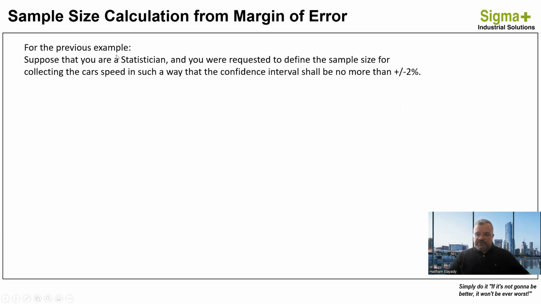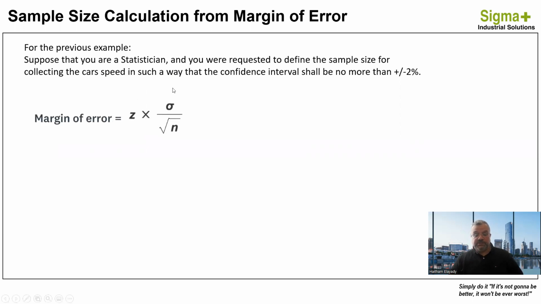So for the previous example, suppose that you are a statistician and you were requested to define the sample size for collecting the car speeds in such a way that the confidence interval should be no more than plus or minus 2%. Let's see how we can do it. If you have understood the first example, it will be very easy for you to understand this one.